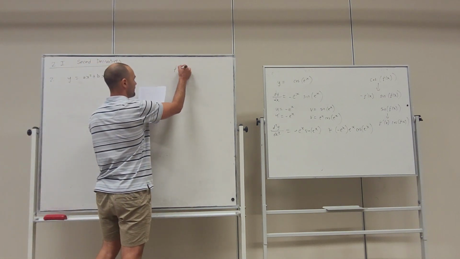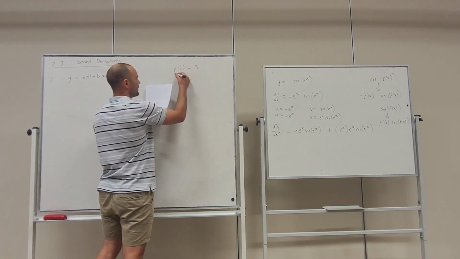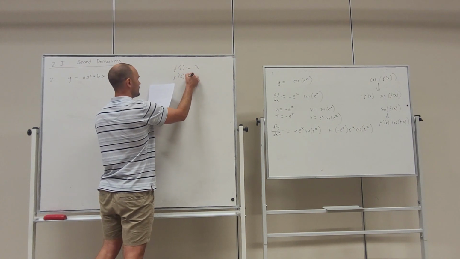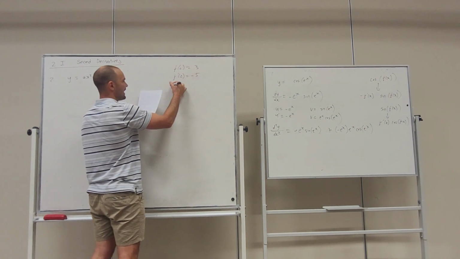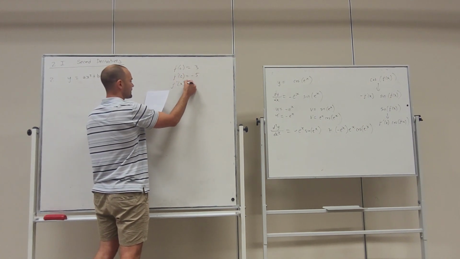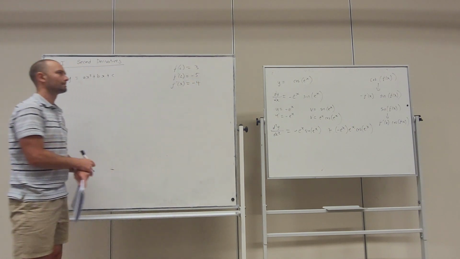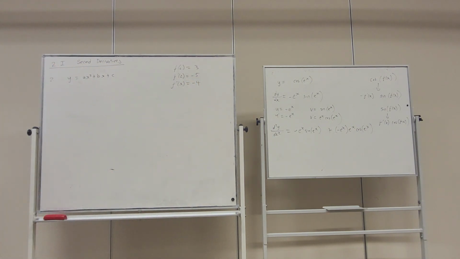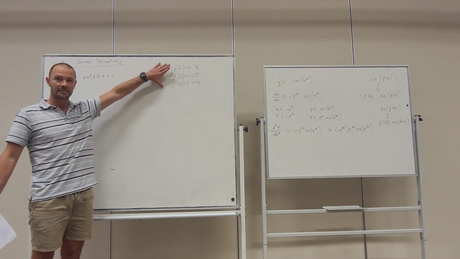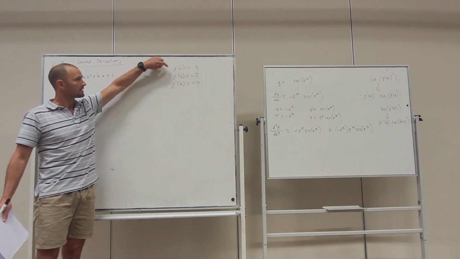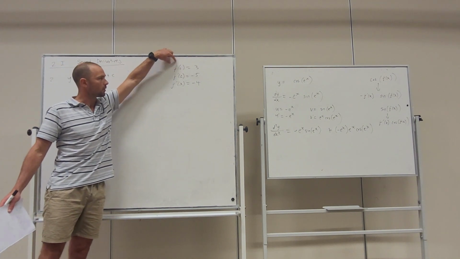Let's list them. We have f of 0 equals 3, f dash of 2 equals minus 5, and f dash dash of x equals minus 4. Okay, so what do we do when we're confronted with a question like this? We use this information. So let's start with this one. We've got f of 0 is 3.